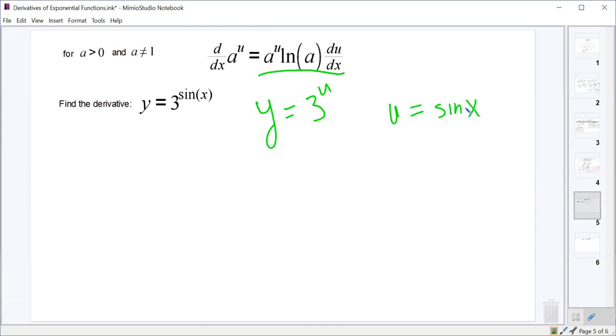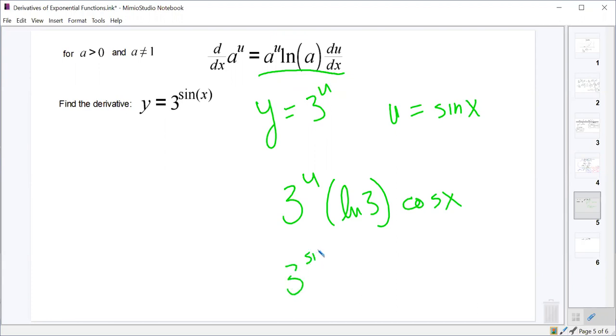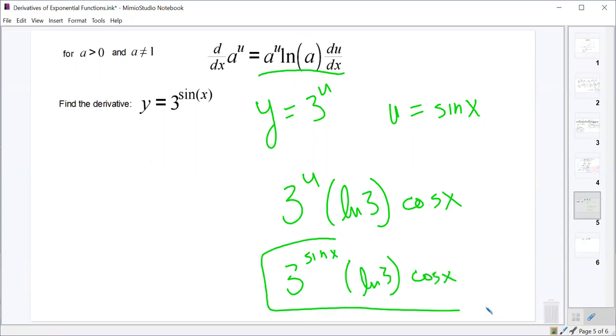And so the derivative of 3 to the sine x should be the derivative of 3 to the u, which is what? 3 to the u times what? Natural log of 3. And then times the derivative of u, which is cosine x. So the derivative of 3 to the sine x should be 3 to the sine x times natural log of 3 times cosine x.